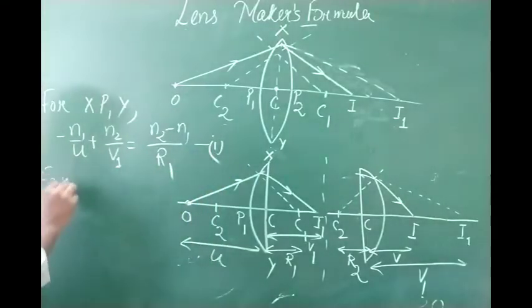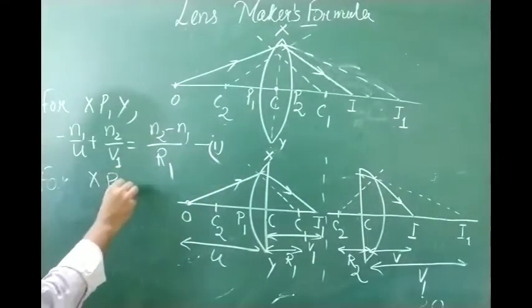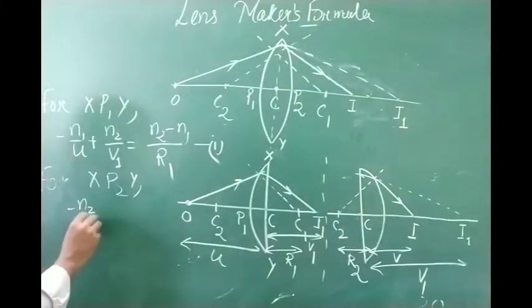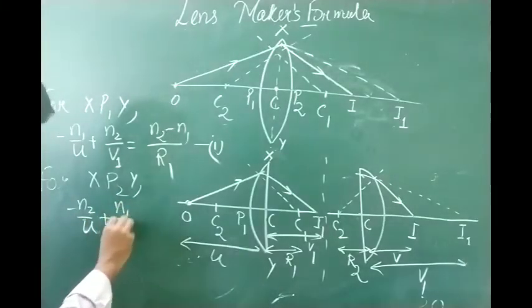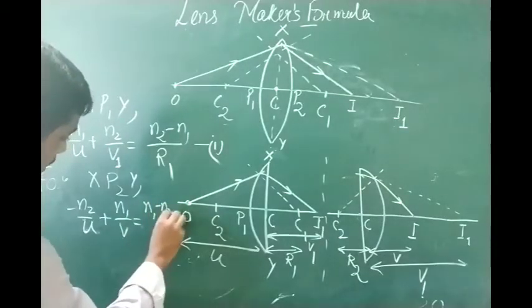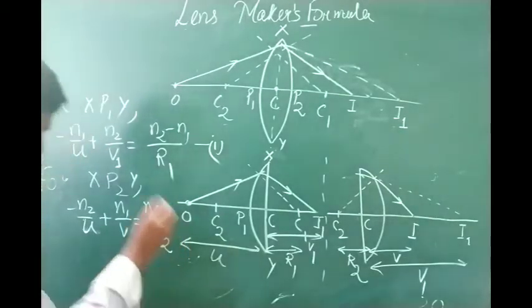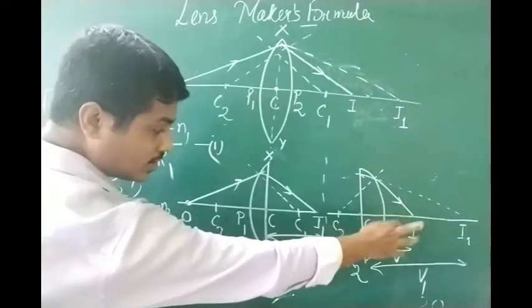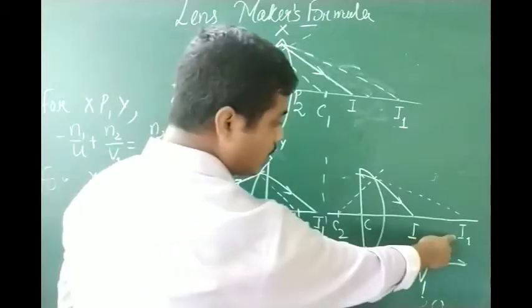Similarly, for the second surface, our formula is minus n2 by u plus n1 by v equals n1 minus n2 divided by R, but I am using R2 here. The object distance for the second surface is v1, because this is a virtual object.